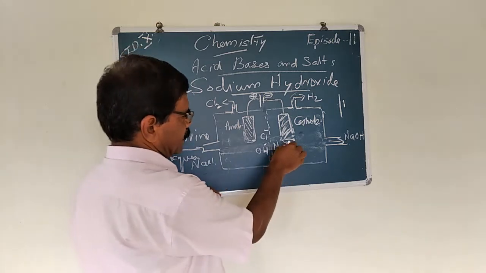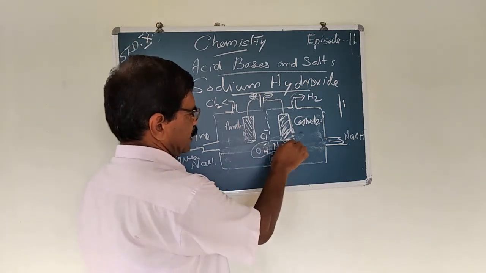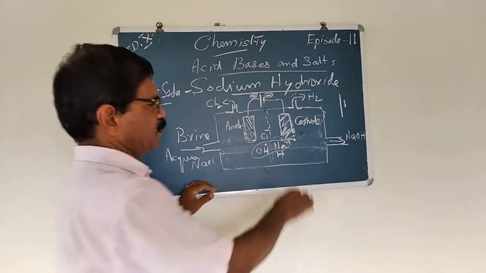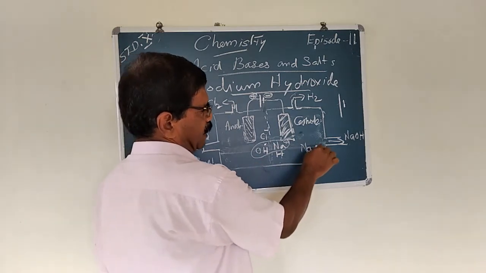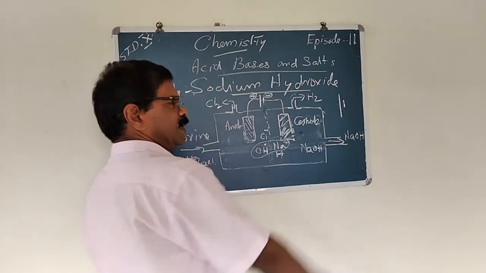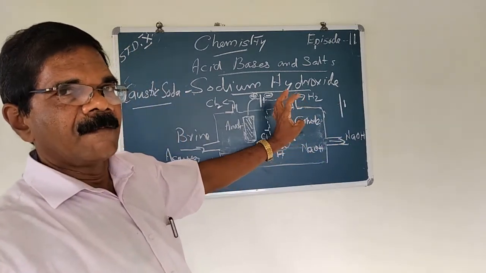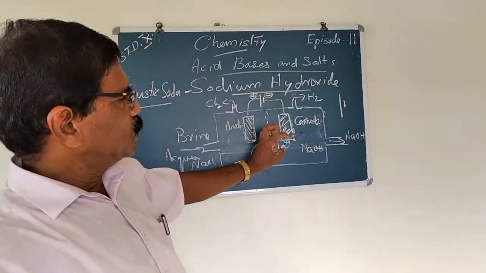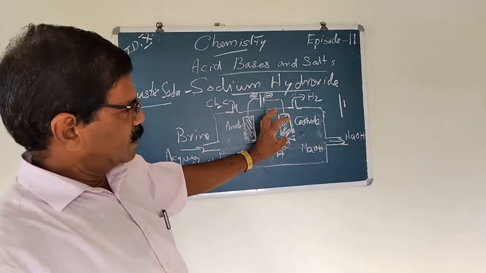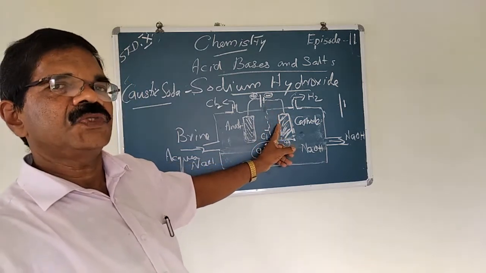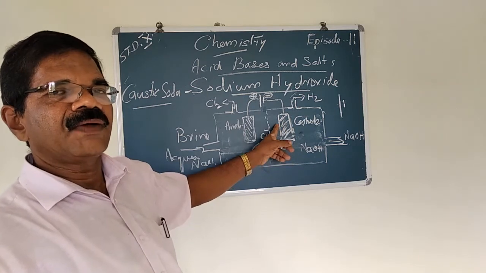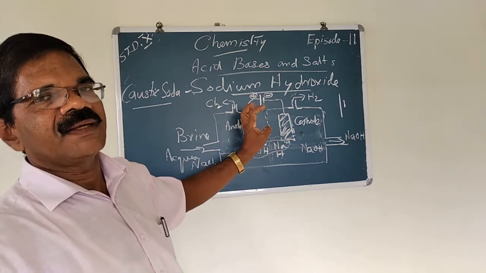What is left here? Sodium hydroxide remains, as sodium and hydroxide ions couple to form sodium hydroxide. It can be taken out through this. So, on electrolysis of the aqueous solution of sodium chloride, what are the products obtained?